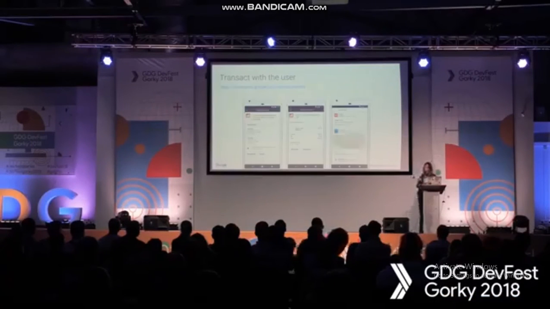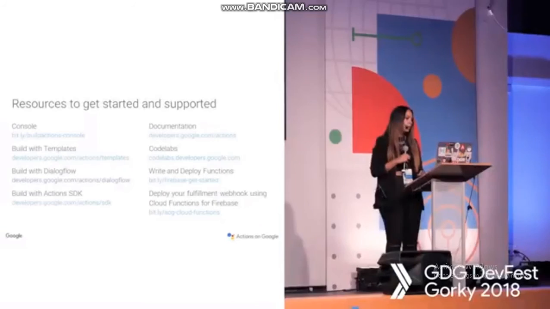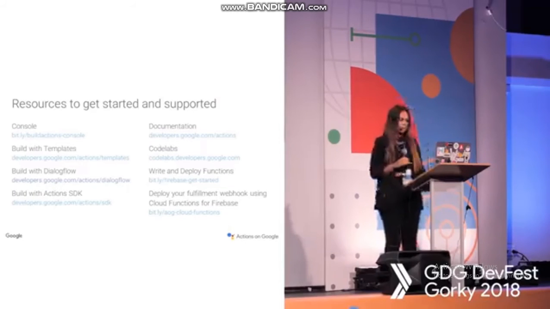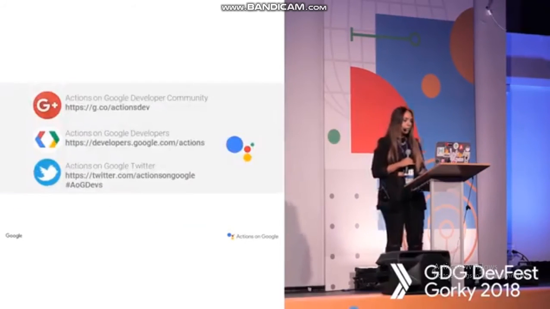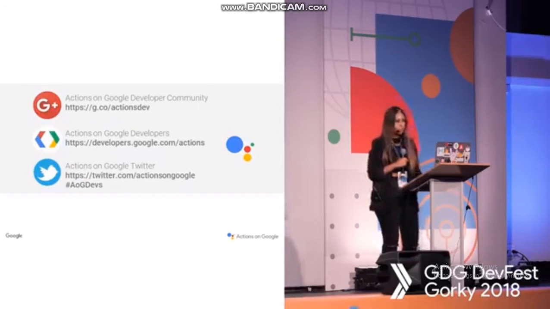The different kinds of cards are, as Elisa mentioned before, a different way to not only use voice, but also use images if you need it. So we have different kinds of resources to use this. I'm going to share this with you. And of course, you need to try to get involved with the community.